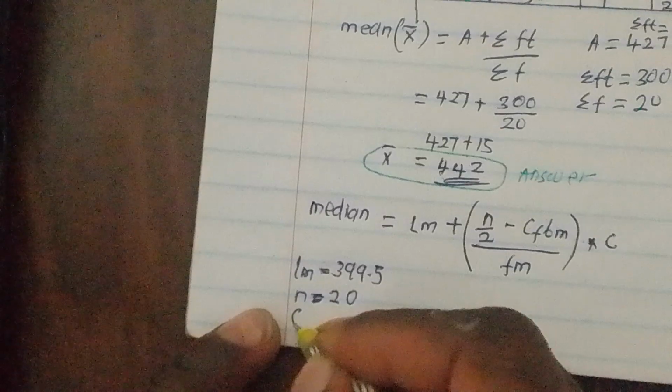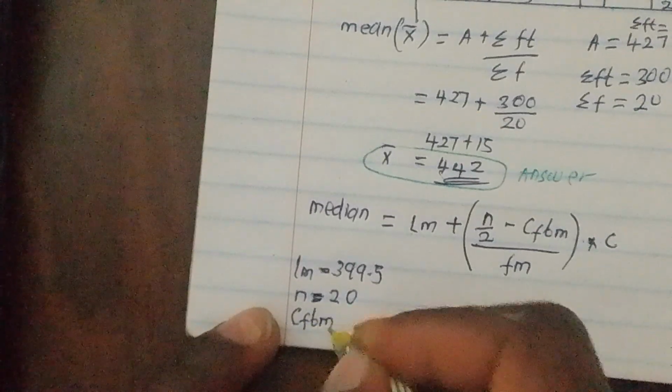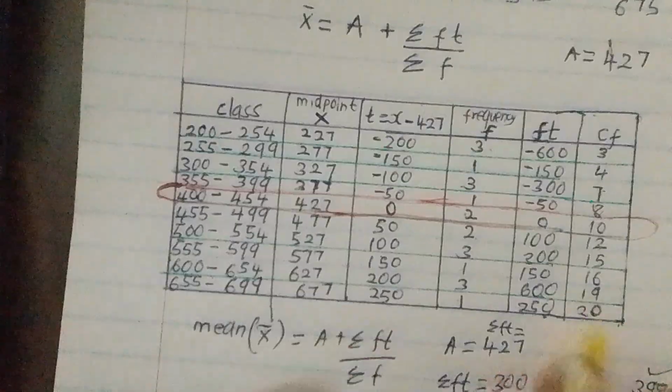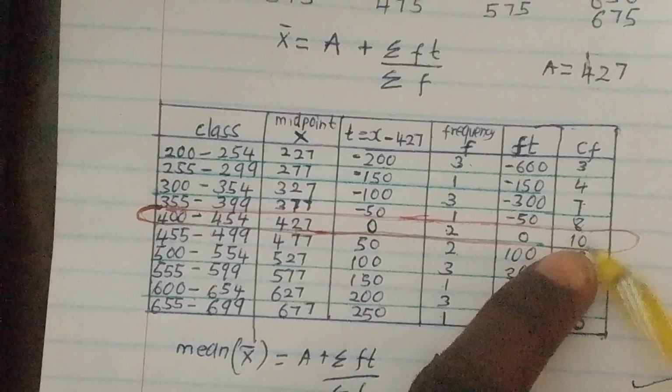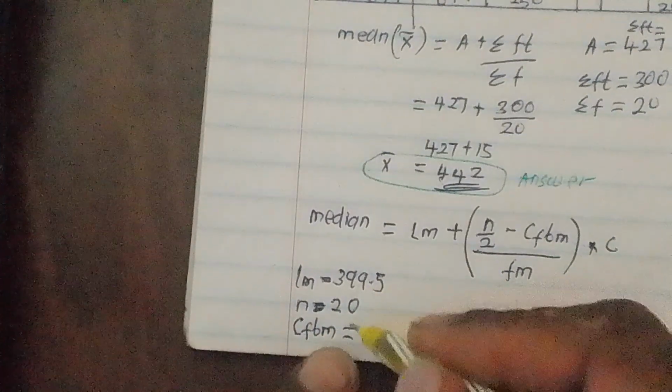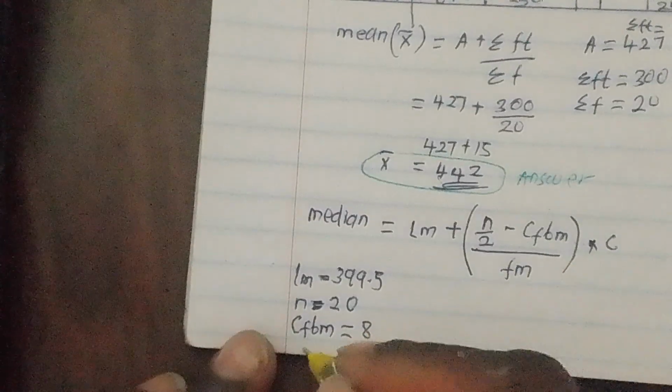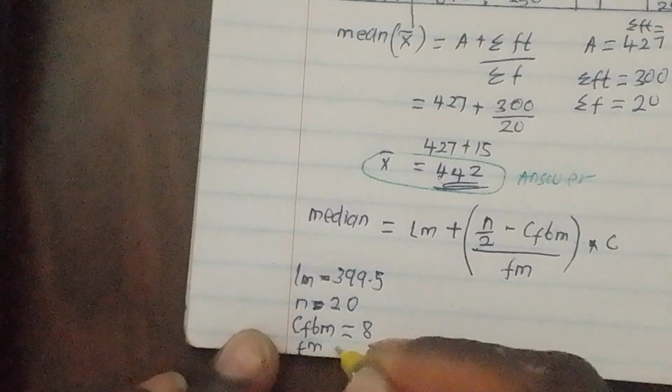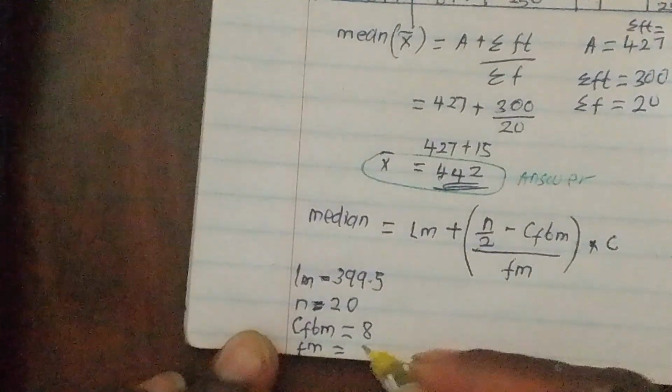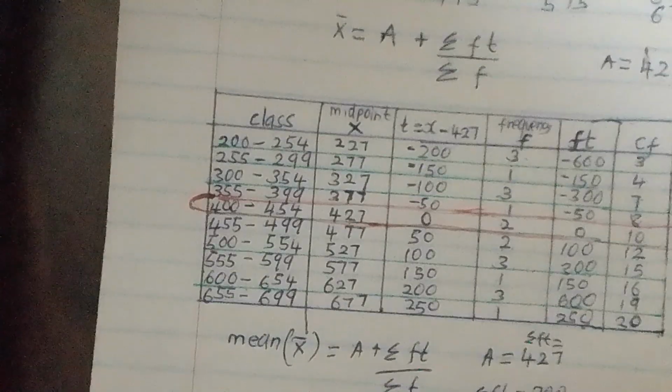Then the cumulative frequency before the median class. Come here, the cumulative frequency before the median class, which is 8. So we will say 8. And we have the frequency of the median class, this one, Fm. Fm is the frequency of the median class, which is 2.